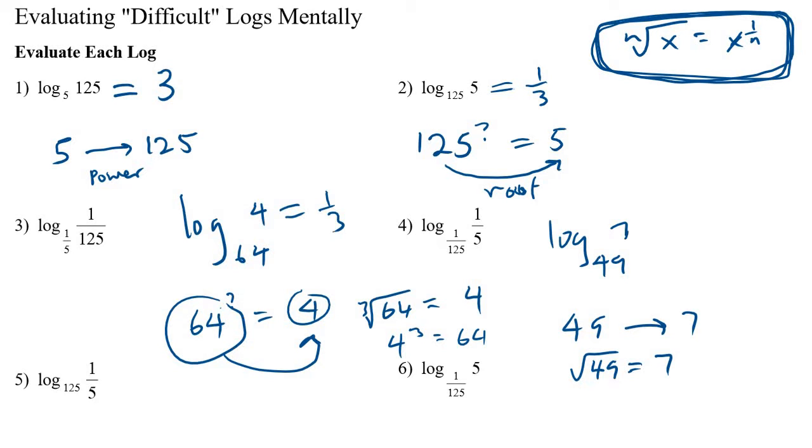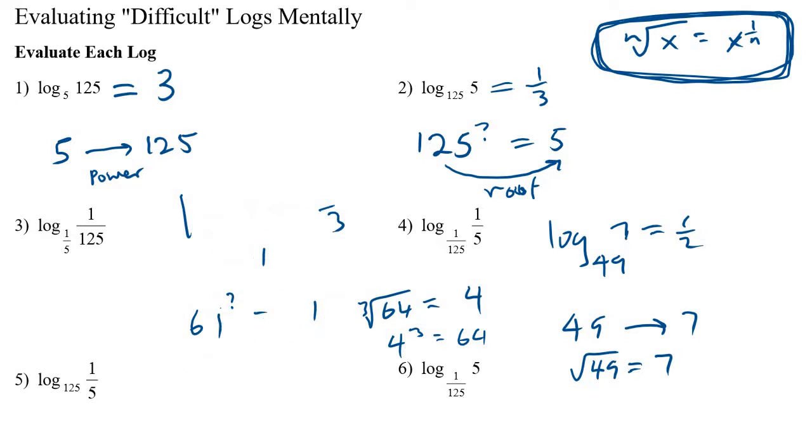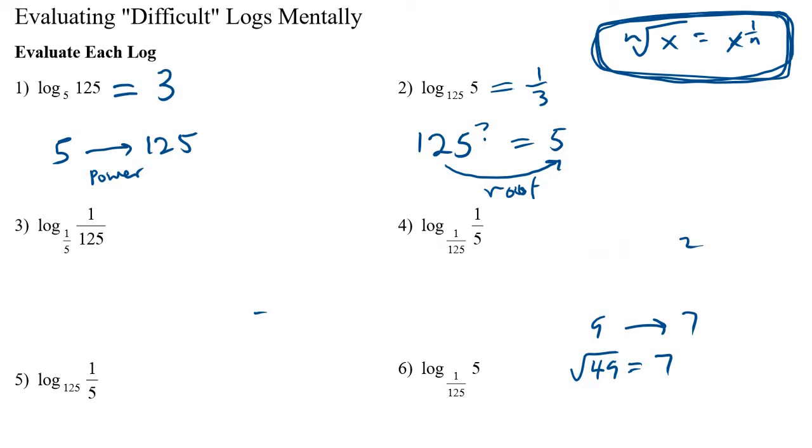So the answer to this is 1/2. Basically, going from a smaller number to a bigger number, you need an integer power bigger than 1. But going from a bigger number to a smaller number, you need a fractional exponent.